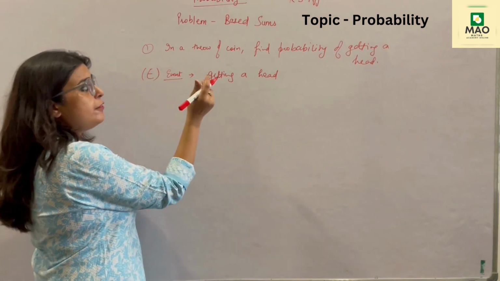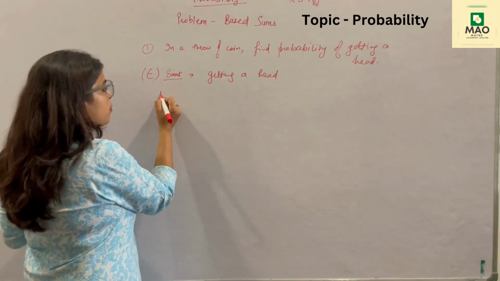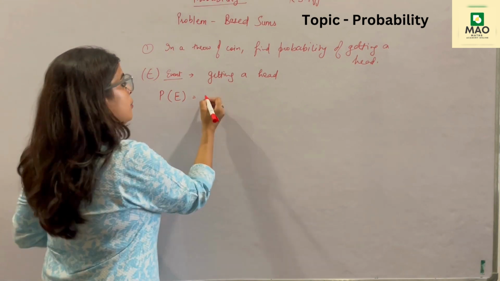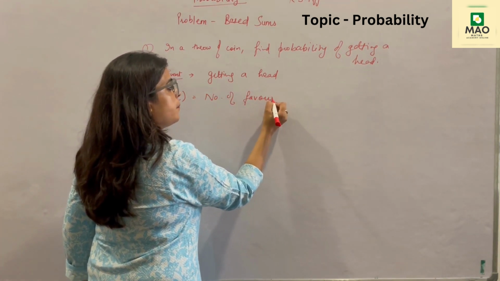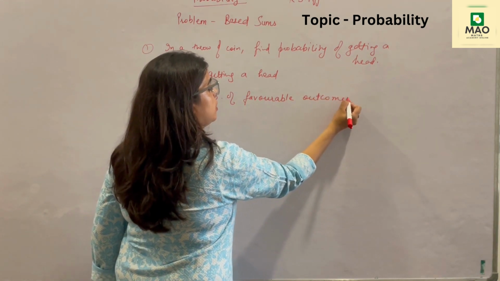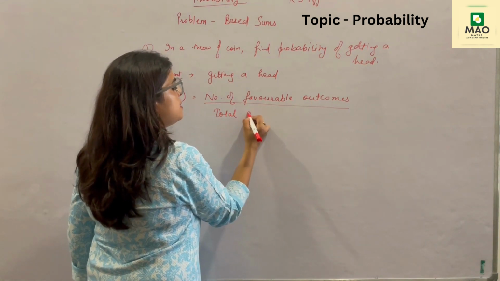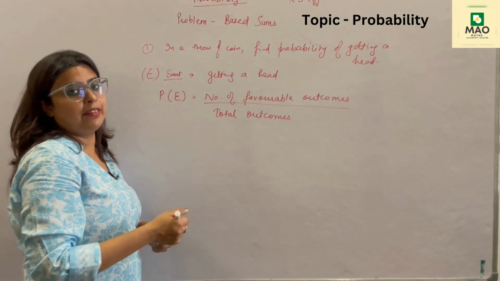So I have to find basically the probability of getting a head. So probability of an event is what? Probability is number of favorable outcomes over total outcomes. So this is the basic formula of probability which you can apply anywhere.